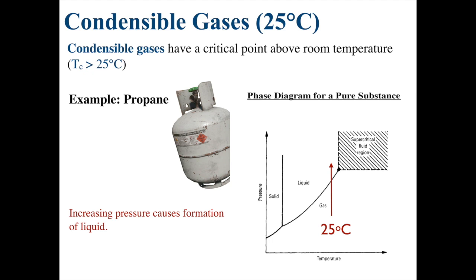And of course, what is the pressure of the gas phase propane going to be? It's going to be the equilibrium vapor pressure of propane for that temperature. So let's say we're right at room temperature, 25. There is an equilibrium vapor pressure of propane, and that's what's going to be the pressure of the gas in the cylinder. The rest of it will be liquid phase.